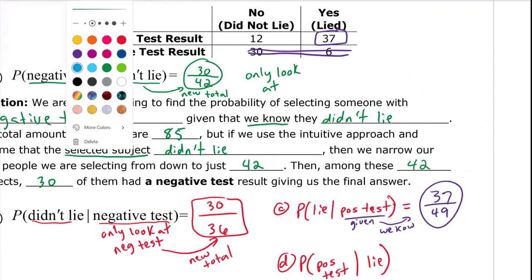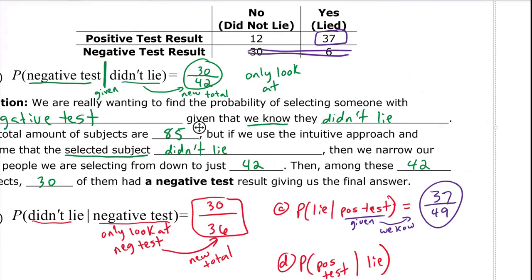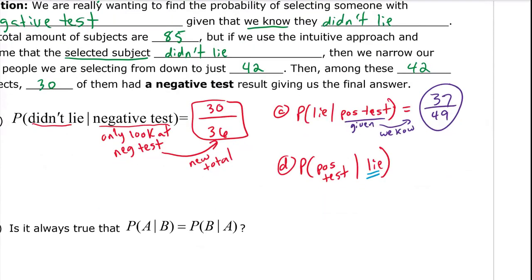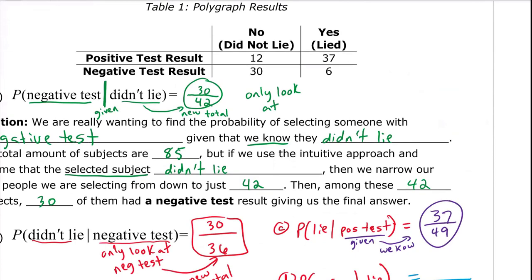Next, let's do blue color here for this next answer. Let me reset my table here. I'm just going to erase all the stuff I marked on it. I'm going to cross out everybody who's not a lie person. So only look at the lie people. So let's see how many people we have who lie. Lie is up and down, so I need to cross out all these did not lie people.